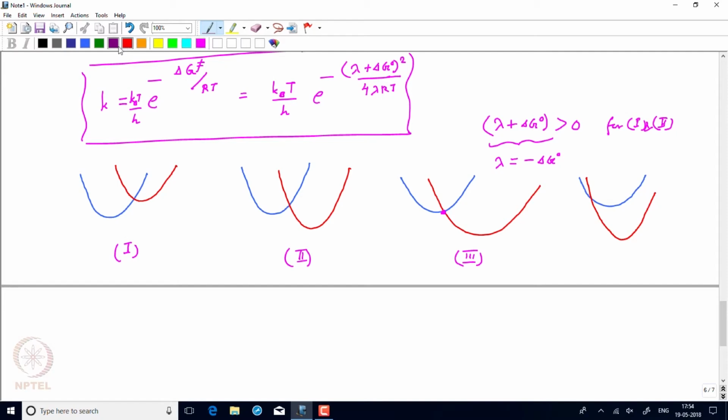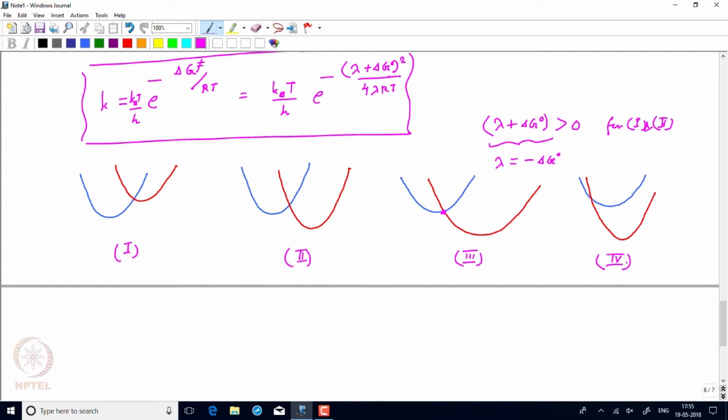Now you see that in this case, the delta G0 is so highly negative that the lambda, the reorganization energy, is much smaller, and the lambda plus delta G0 together is again negative, and then e to the power this term will again become negative, and then we'll have less activation energy.